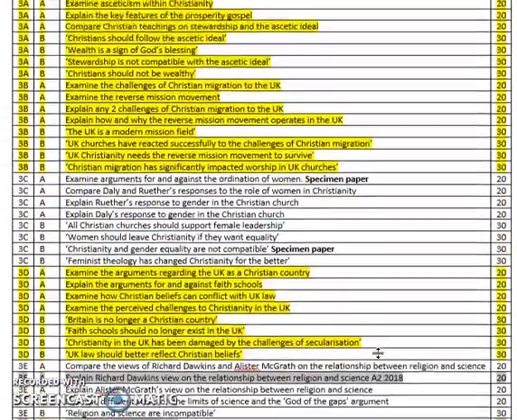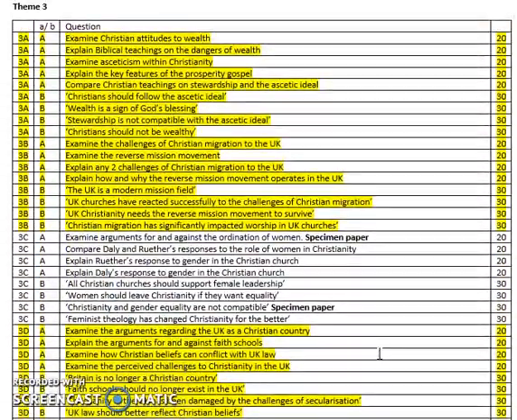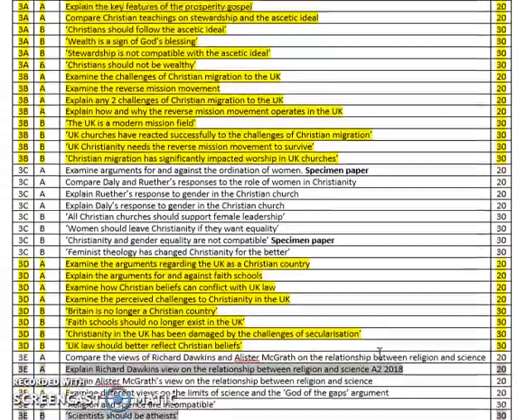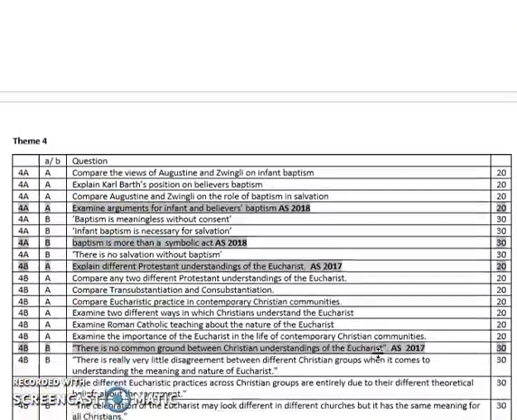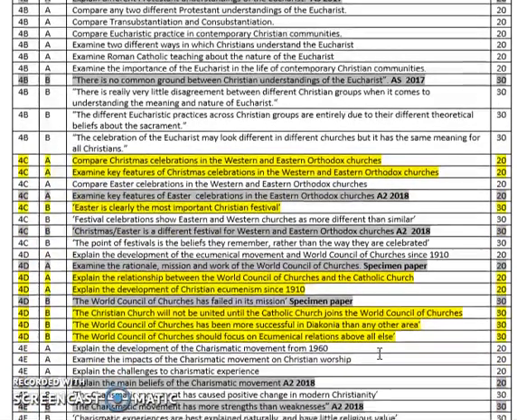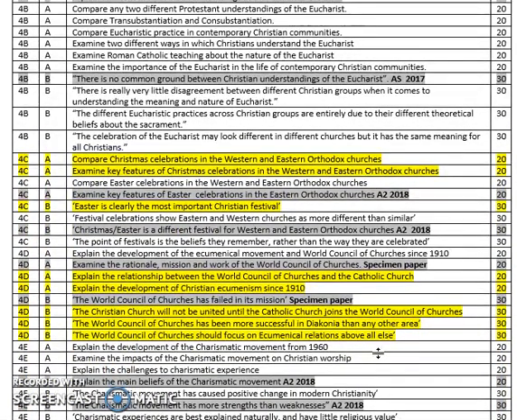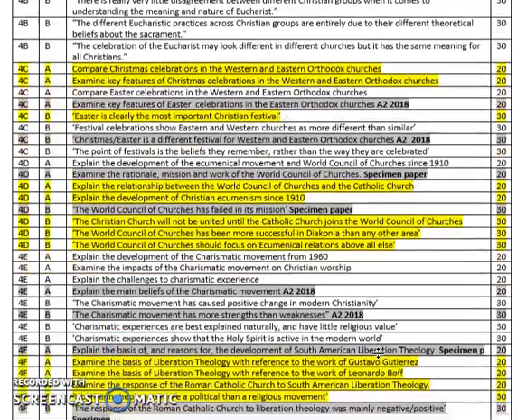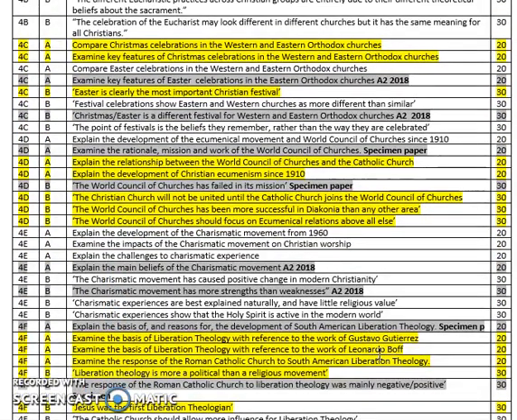Theme 3, there's no big tip because it's just completely untested. Theme 4, Christmas would be my starting point. And then my next step would be a challenging specific question on liberation theology or World Council of Churches.